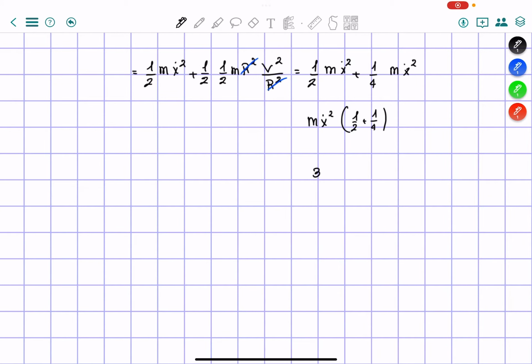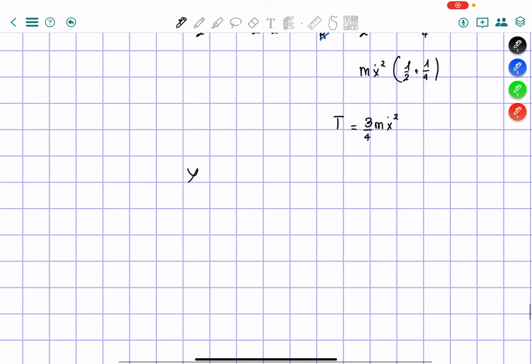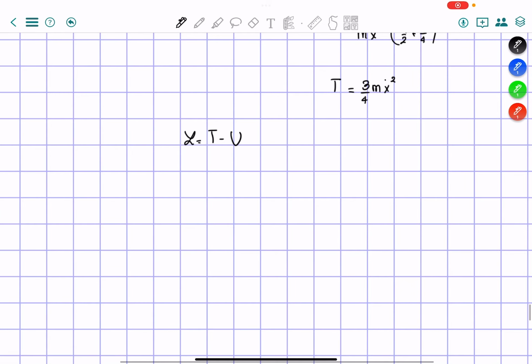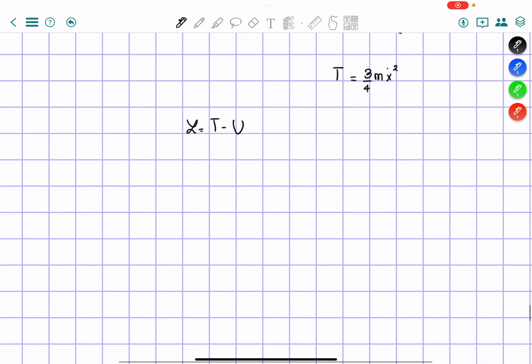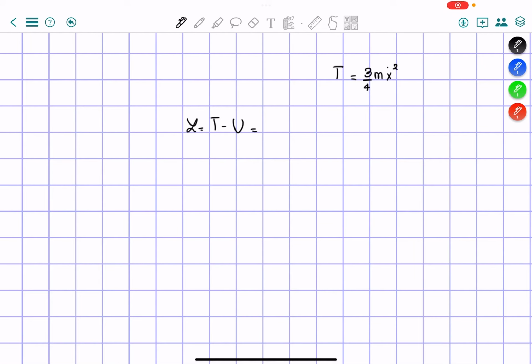So we're going to have 3/4 mx dot squared, and this is our kinetic energy. So now our Lagrangian is equal to our kinetic energy minus our potential energy. Therefore, it's going to be equal to 3/4 mx dot squared minus negative mgx.